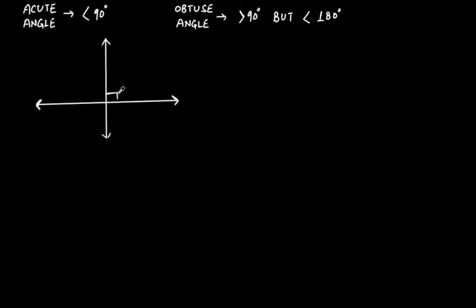That's correct. But what if this line intersects this horizontal line not vertically but like this, in this fashion? Now clearly this would have been a perfect L if this line had passed from this point, sorry.